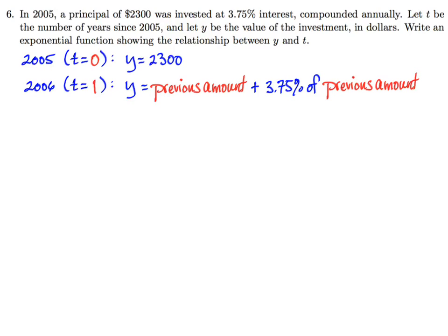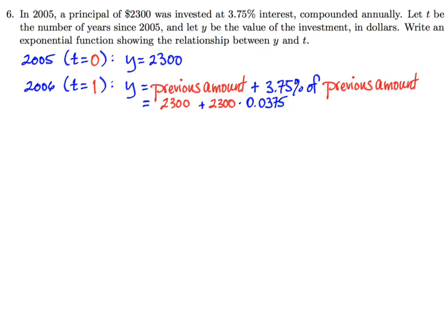So we start with the previous year's amount, and then we add the interest on that amount to get the next year's amount. So the previous year's amount was $2,300, as we saw, and so we're going to add 3.75% of 2,300. So it's 2,300 plus 2,300 times 0.0375.